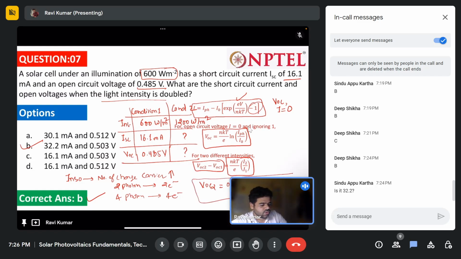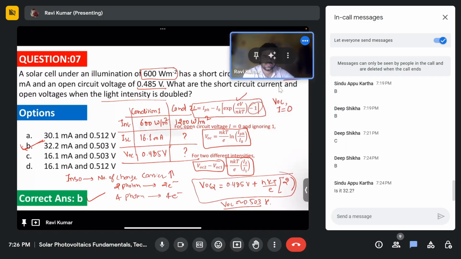By solving it, you will get VOC approximately 0.503. So the answer will be B. This is the VOC.